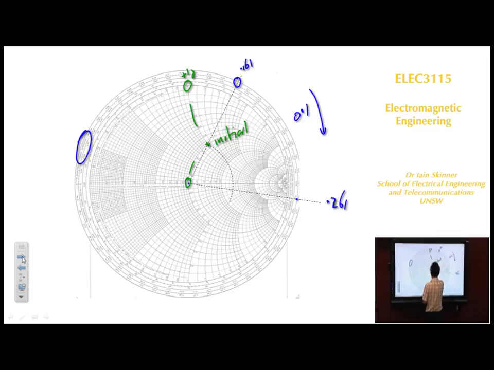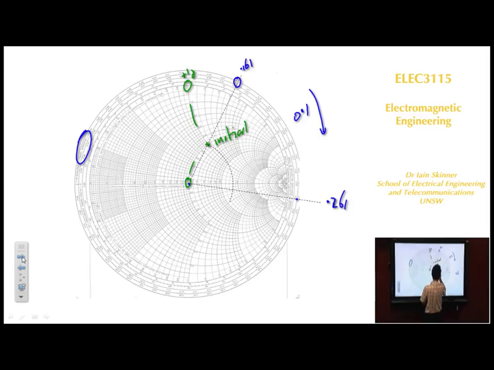We draw a line from the origin through there, intersecting this circle. So we draw that circular arc, intersecting that point, and we find our new value, reading off the Smith chart, and I've got to rub this out so I can actually see what we're on.